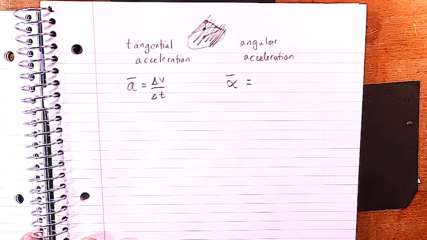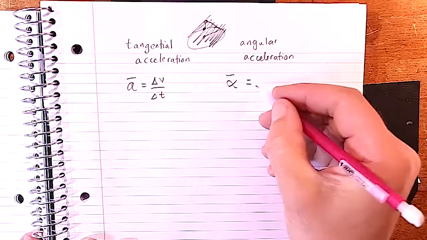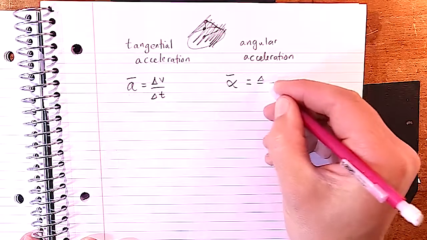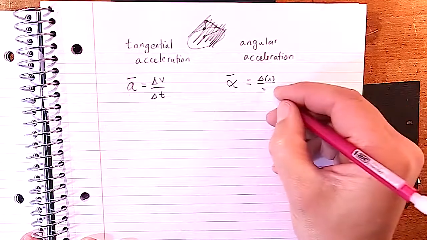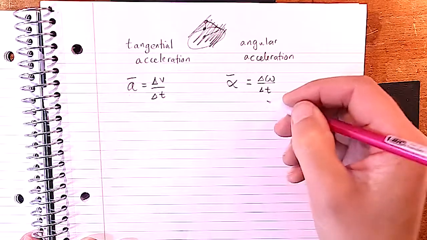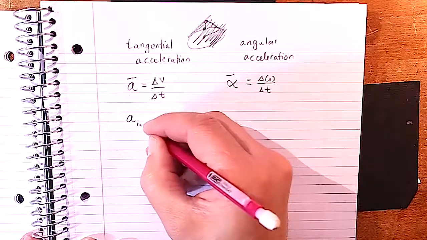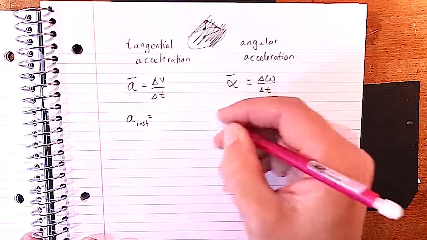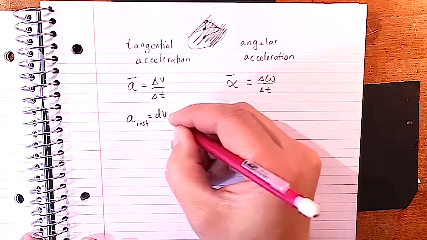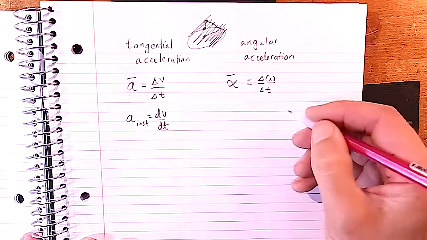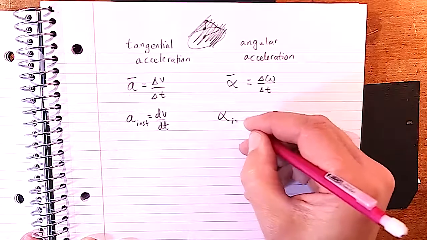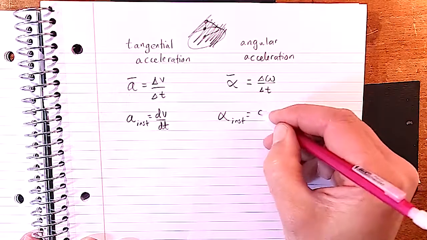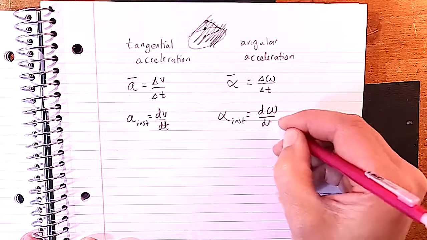Well, this is the change in tangential velocity, so this would be the change in angular velocity, and again, with respect to time. So if we wanted to find the instantaneous acceleration, that would just be the first derivative, dv dt, and for alpha instantaneous, that would be d omega dt.